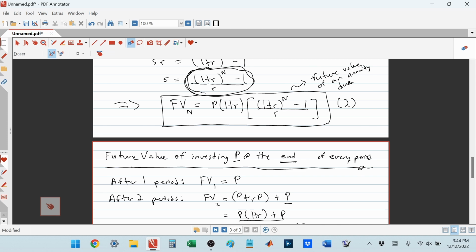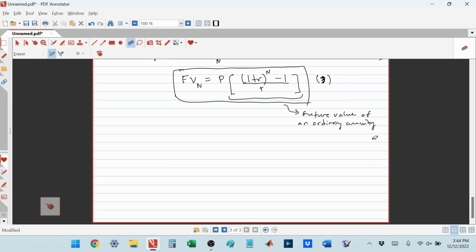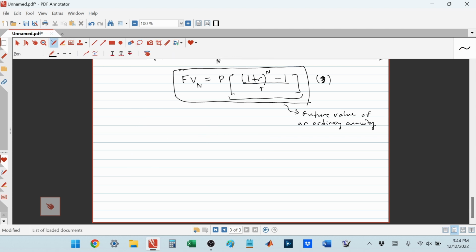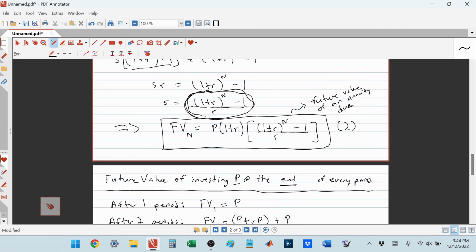So let's do that. The future value of an ordinary annuity, P times 1 plus R to the power of n minus 1 over R. Well, you know what? I suppose we can keep it. We'll keep it the same. I don't want to confuse you. Those are our first three equations. We don't need to simplify anymore.